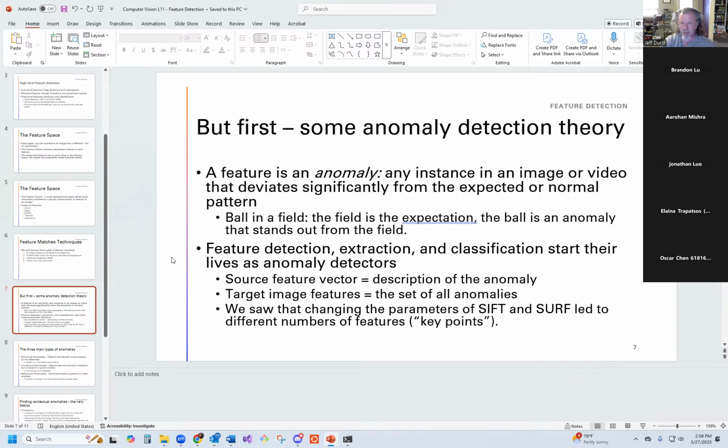And so first, that makes it hard to set a normal, right? Versus if we're looking at just a field with a ball in it, it's very clear what defines sort of the linear field and very clear what defines an anomalous soccer ball.